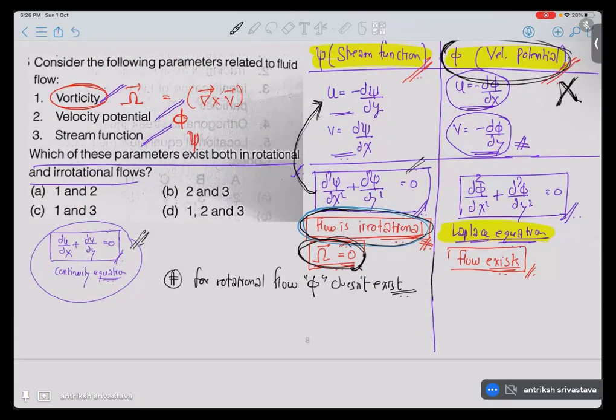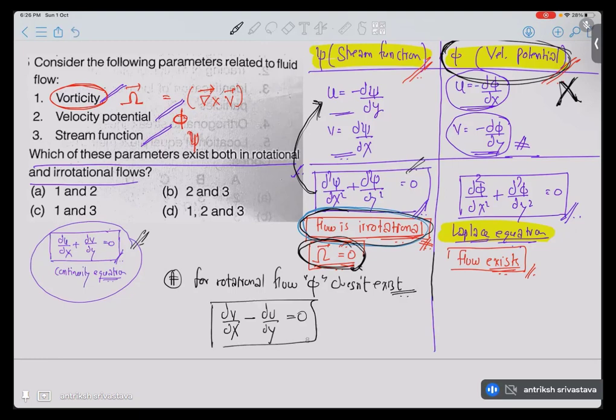So we have d square psi by dx square, that is equal to dv by dx. And then we have d square psi by dy square, that is minus du by dy. And this is equal to 0.